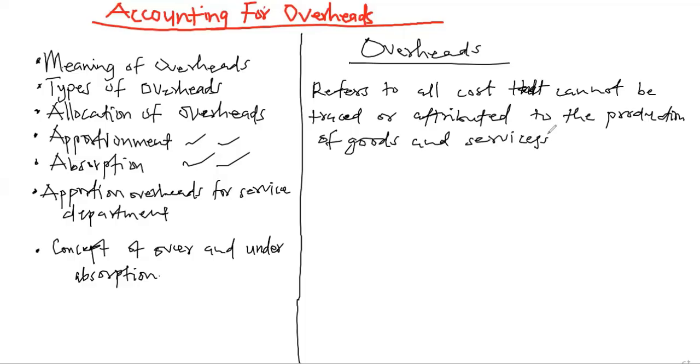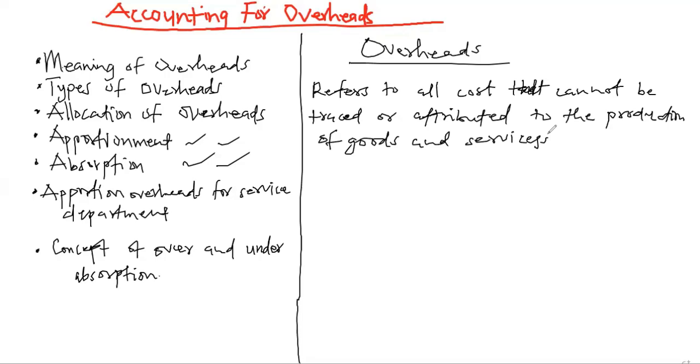That is overheads. Overheads are costs that cannot be traced or attributed to the production of goods and services. As I said, overheads are all indirect costs.